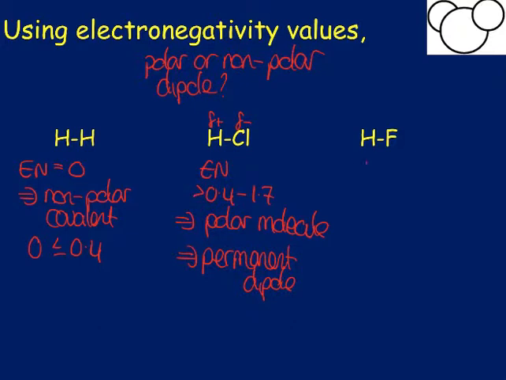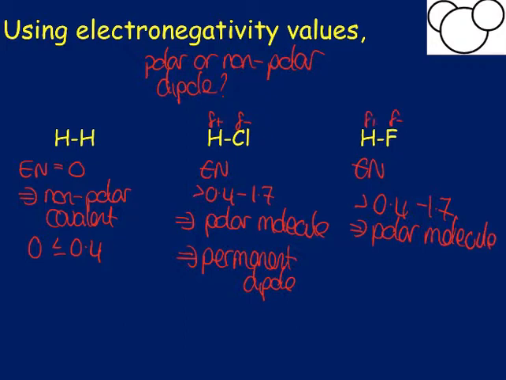This guy here, similarly, when we do our electronegativity numbers, it's going to hit the 0.4 to 1.7. It is a polar molecule, and for that reason we have to put these guys in it. So again, this has a permanent dipole present. So when we talk about our van der Waals, this guy over here, the hydrogen, is going to just have weaker van der Waals.